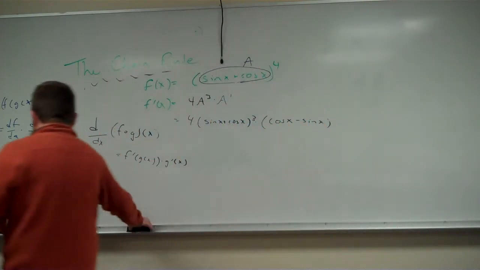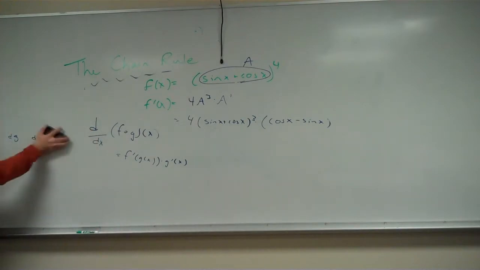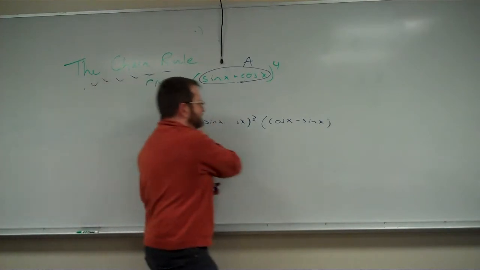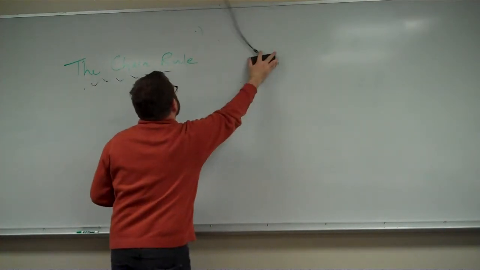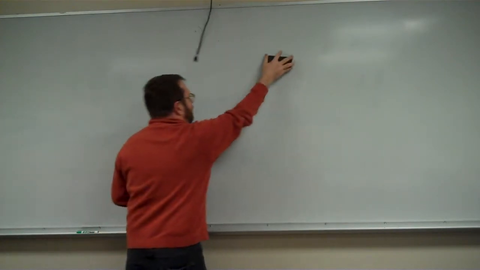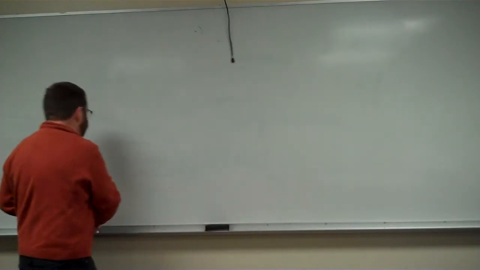The fun begins when we start combining the chain rule with other rules. Then it starts becoming trickier to figure out what's the inner and what's the outer part of the function.